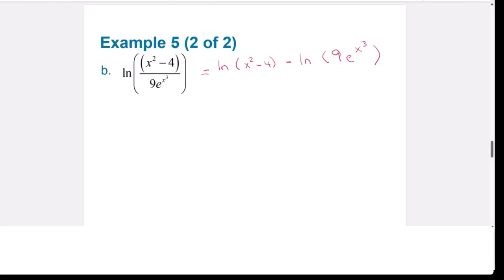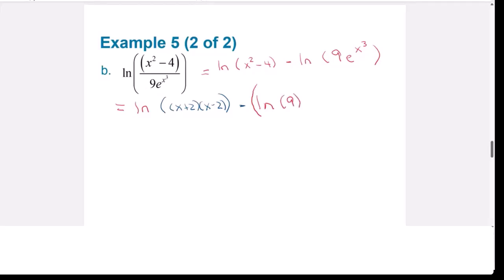Then the next thing I do, I have the natural log of x squared minus 4, but I can actually factor x squared minus 4. That's equal to x plus 2 times x minus 2, minus ln of, I'm going to separate this 9 times e to the x cubed from each other using the product rule.